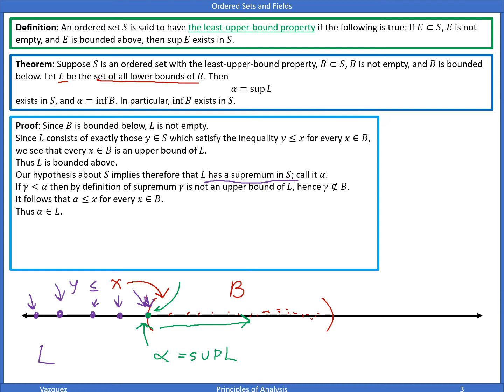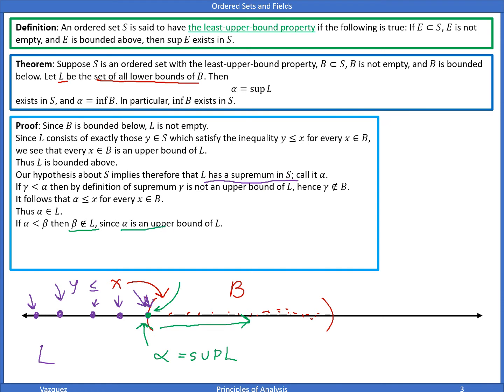Therefore, alpha is an element of L, right? It's in the set of all lower bounds of B. And if alpha is less than beta, then beta cannot be in L, right?